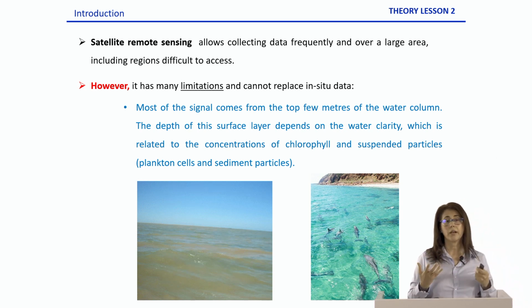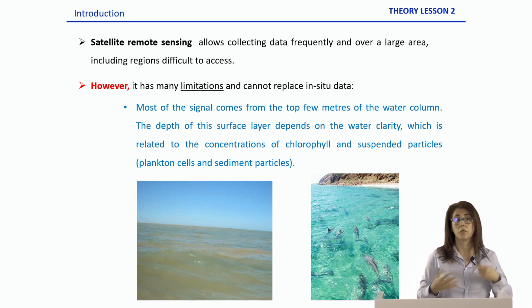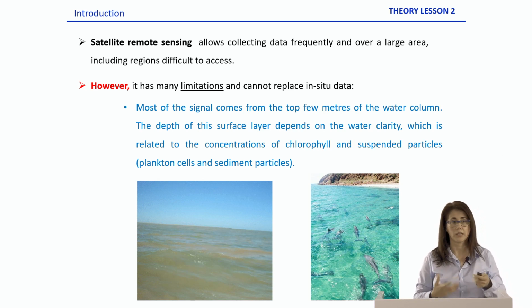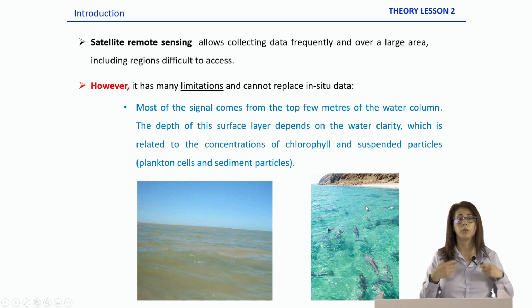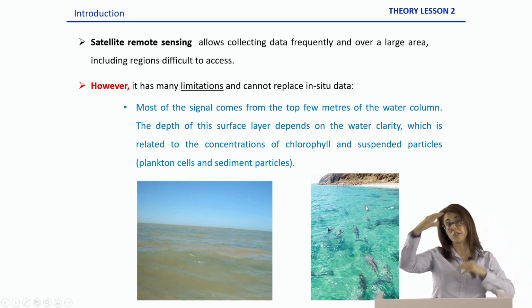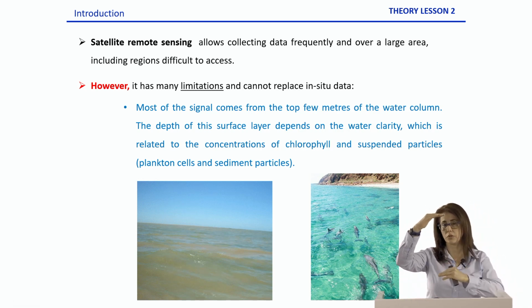And the water clarity is related to the concentrations of chlorophyll and other suspended matter that we can find in the water. For example, on the bottom right-hand side panel, we can see that the water is very, very clear. So in this case, the satellite will be able to see the first maybe 20, 30 meters of the water column.